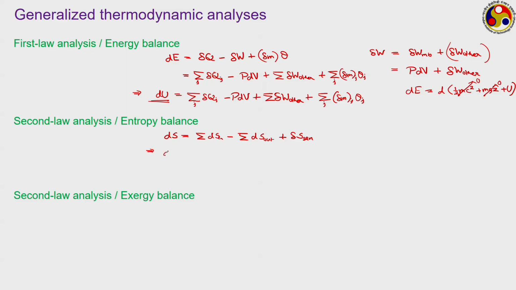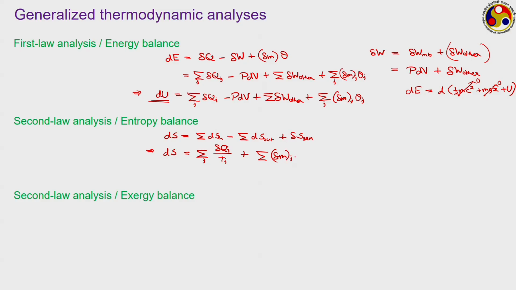Or we can write this equation as follows, considering all possible types of entropy flowing into or out of a system. We can have entropy coming in with heat transfer. Again, there may be several possible types of heat transfer. There is no entropy transfer with work transfer, whether it is moving boundary work or any other kind of work, but there will be entropy transfer with mass.